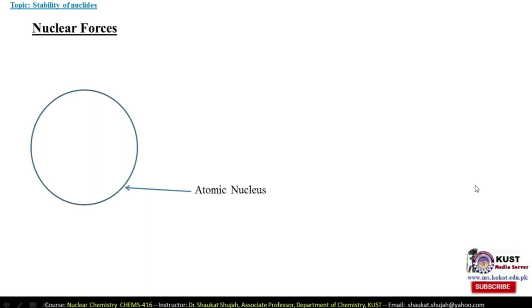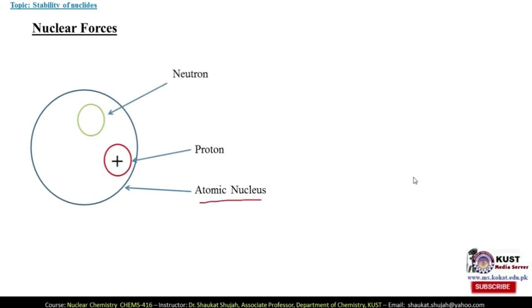Now, as we all know, within an atomic nucleus there are protons and neutrons. The protons are positively charged, and the neutrons are neutral.